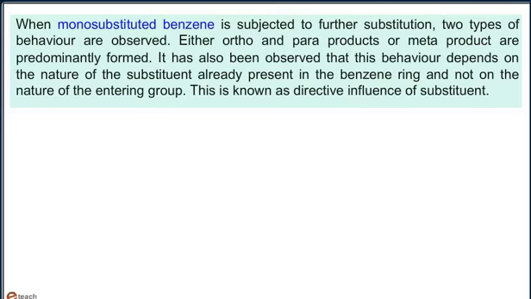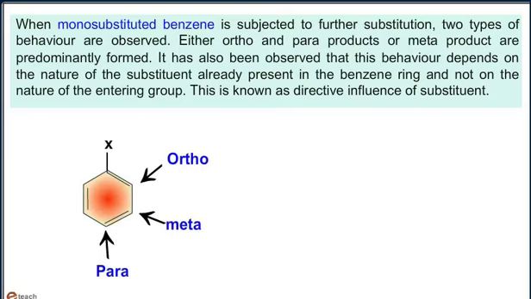It has also been observed that this behavior depends on the nature of the substituent already present in the benzene ring and not on the nature of the entering group. This is known as directive influence of substituent. You can see here the ortho, meta and para positions relative to the substituent X.